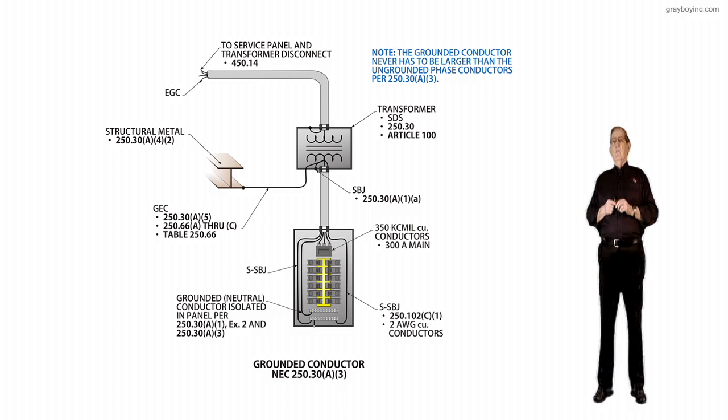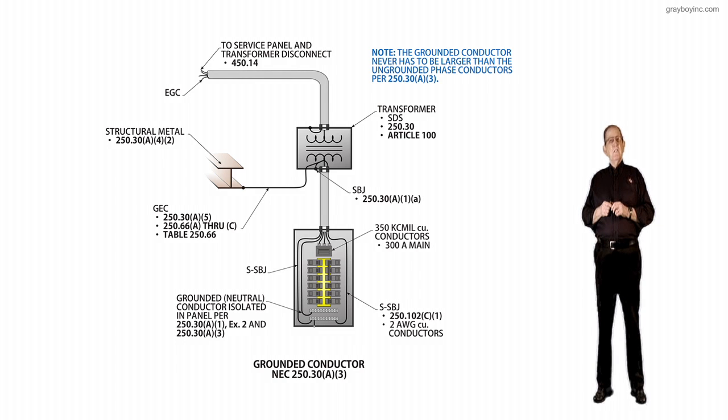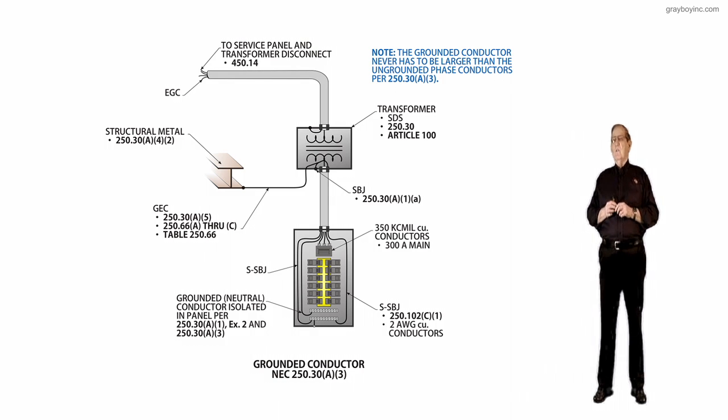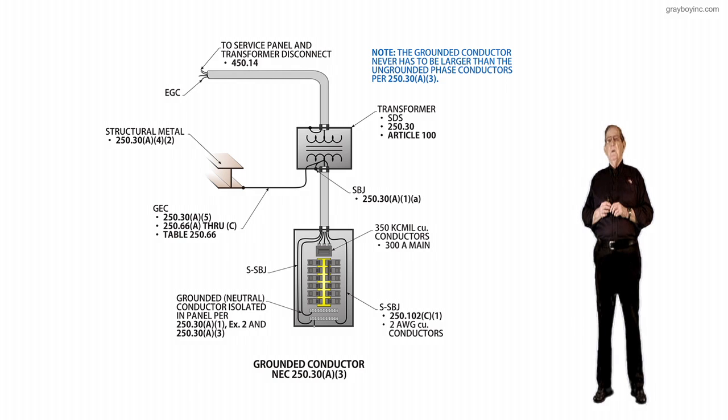The system bonding jumper for the separately derived system would be number 2 also. So, up to 1100 kcmil, if the neutral isn't required to be larger by 220.61, then we know everything in that panel board has to be at least number 2, with the neutral possibly being larger because of the neutral current. You have quite a bit of neutral load in that panel board.